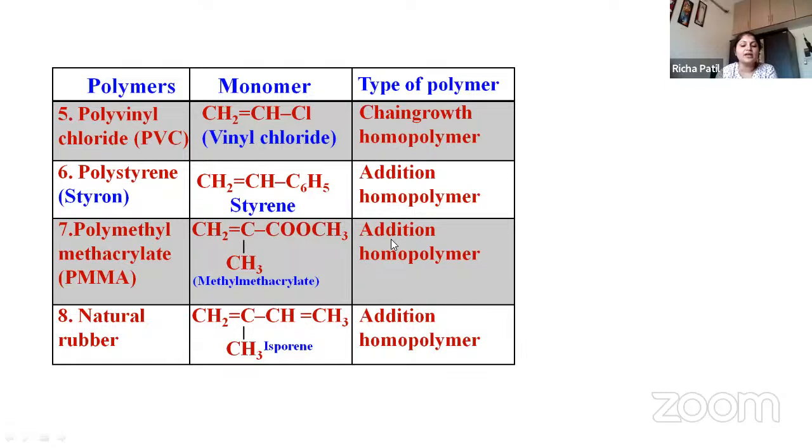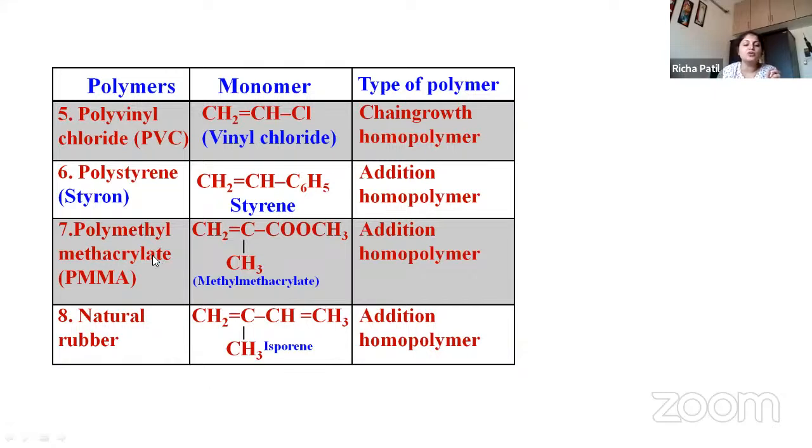So what do you mean by vulcanization of rubber? You are heating natural rubber with 3 to 5% of sulfur at a temperature of 373 to 415 Kelvin.